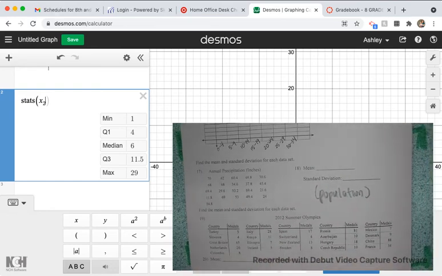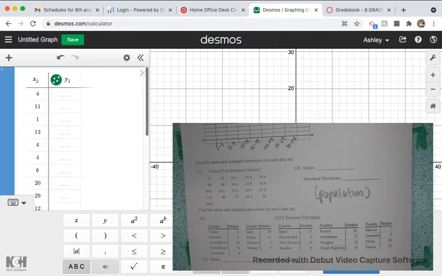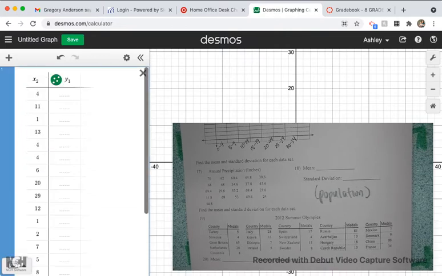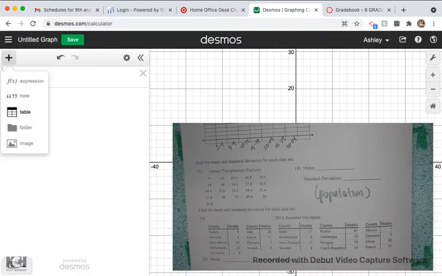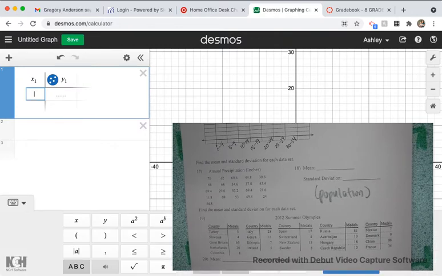Okay, so let's do this. So we're going to type these guys into our computer. So let's get rid of this and this. Oh, heavens. I always do that. Okay, table, and we're going to type all the values into X1.